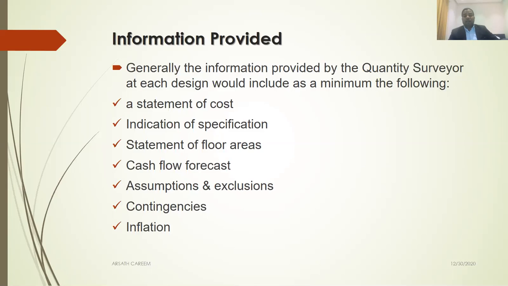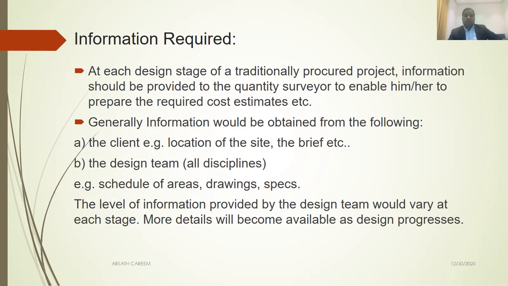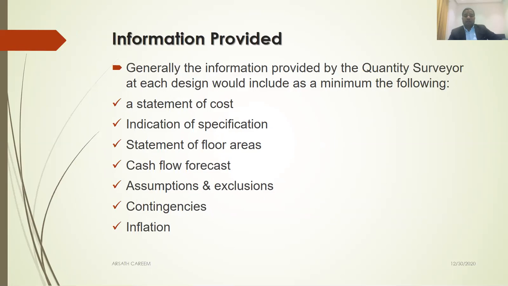The inflation will be high, the project prices will go high, and at that time you can't meet the budget you prepared. So you have to consider inflation as well. So when the client gives this information, as a quantity surveyor you should prepare a cost plan according to the following, not limited to, but these are the main things you have to include. In a later slide, I will show you one cost plan for your reference.